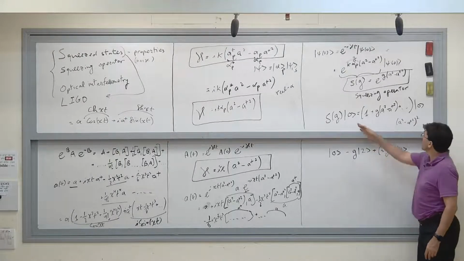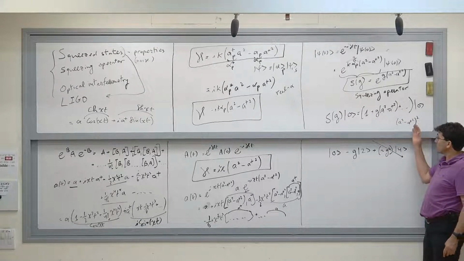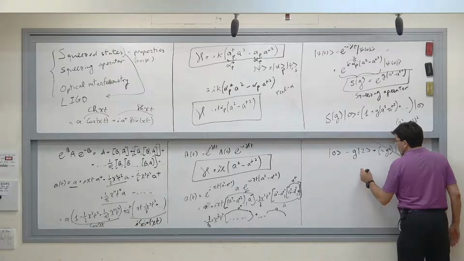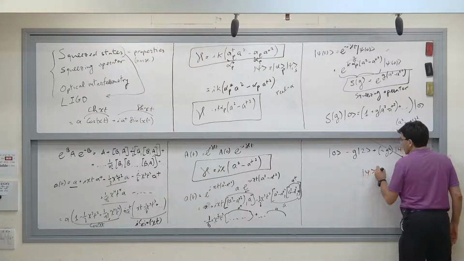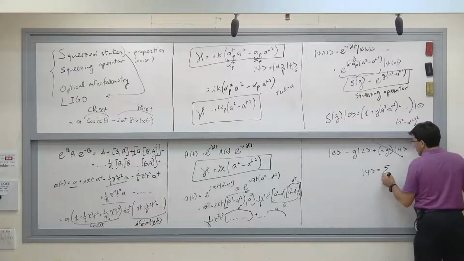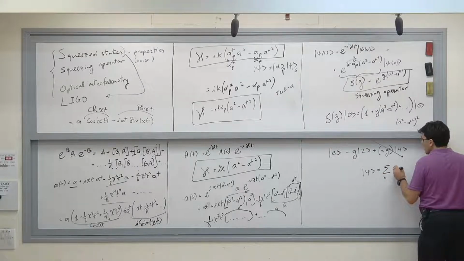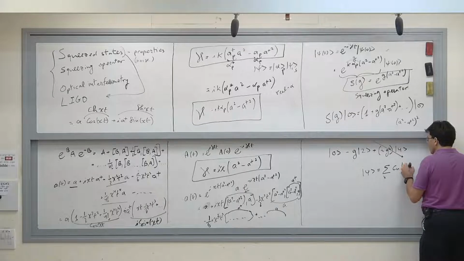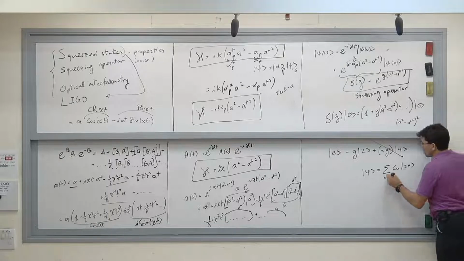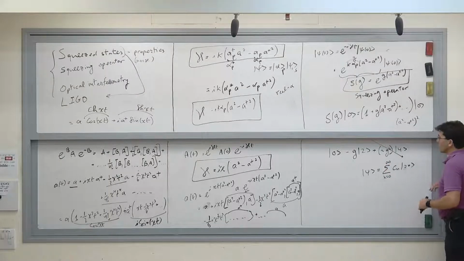And if you look at the entire series, then psi will be the sum over n of Cn times 2n photons, where n starts from 0 to infinity.